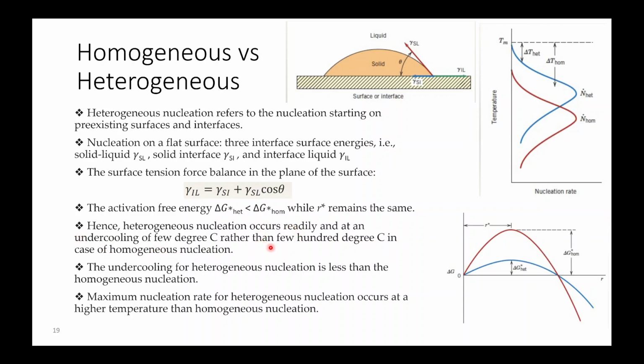So you have to provide only up to a few degrees of supercooling. The undercooling for heterogeneous nucleation is less than for homogeneous nucleation, and the maximum nucleation rate for heterogeneous nucleation occurs at a higher temperature than homogeneous nucleation.